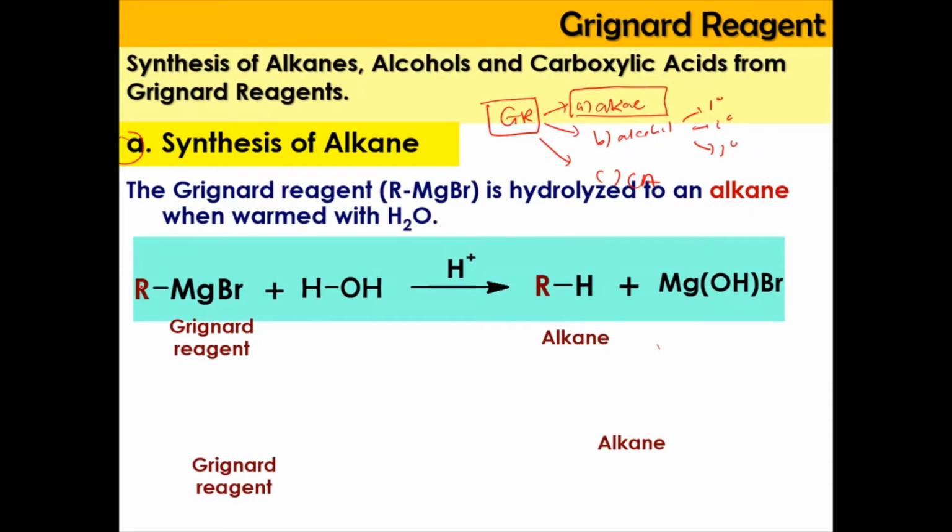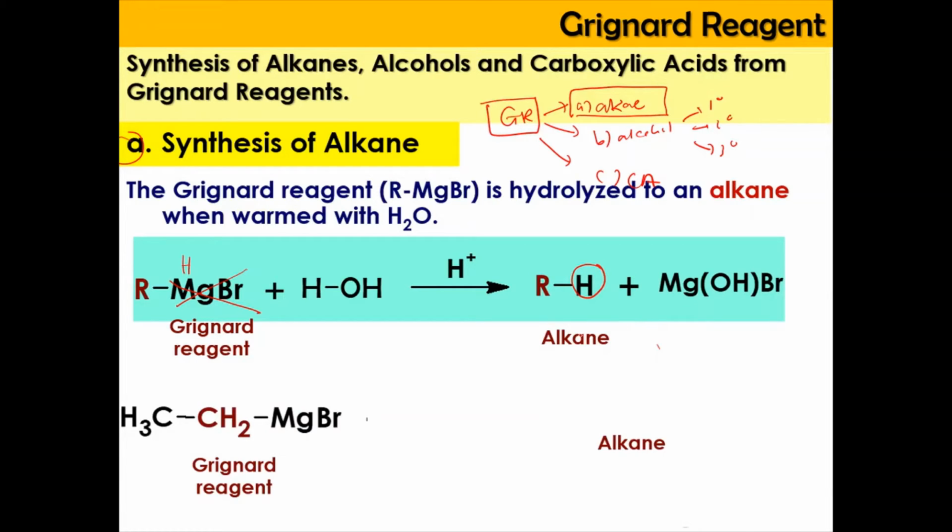So let's say we have a Grignard reagent in the presence of water at acidic condition. What we're going to do is remove the MgBr and replace it with H. And this is going to produce a byproduct of MgOHBr.